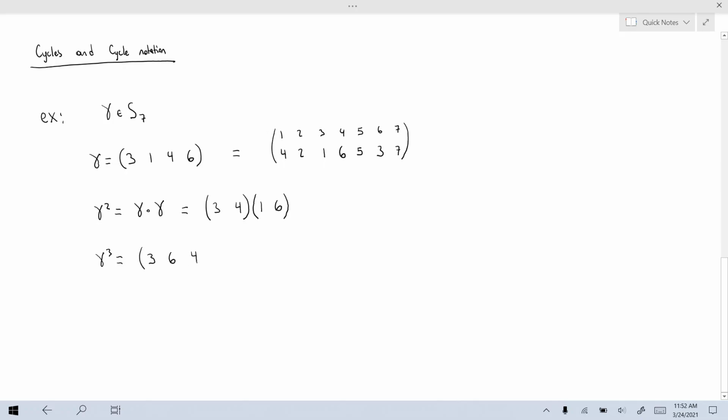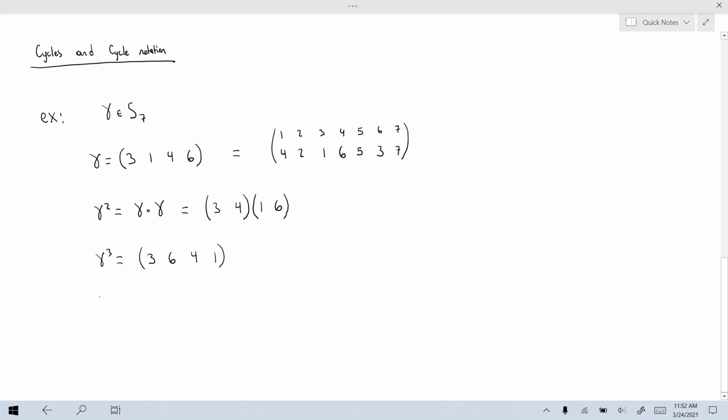Gamma cubed of 4: 4 goes to 6, then 3, then 1. And gamma cubed of 1 will go to 4, then 6, and then back to 3, okay? So since 1 goes back to 3, I close the cycle. And again, 2, 5, and 7 are just going to keep mapping back to themselves, and I don't need to write anything to indicate that.